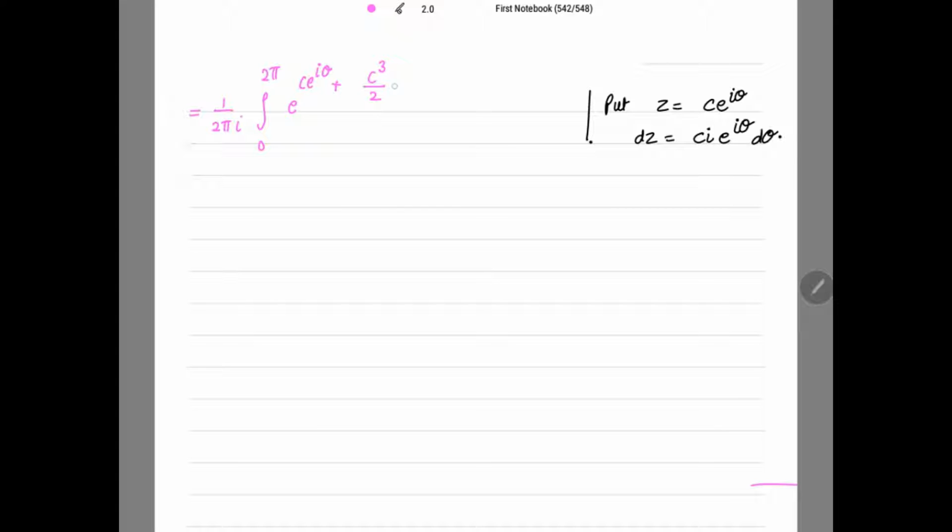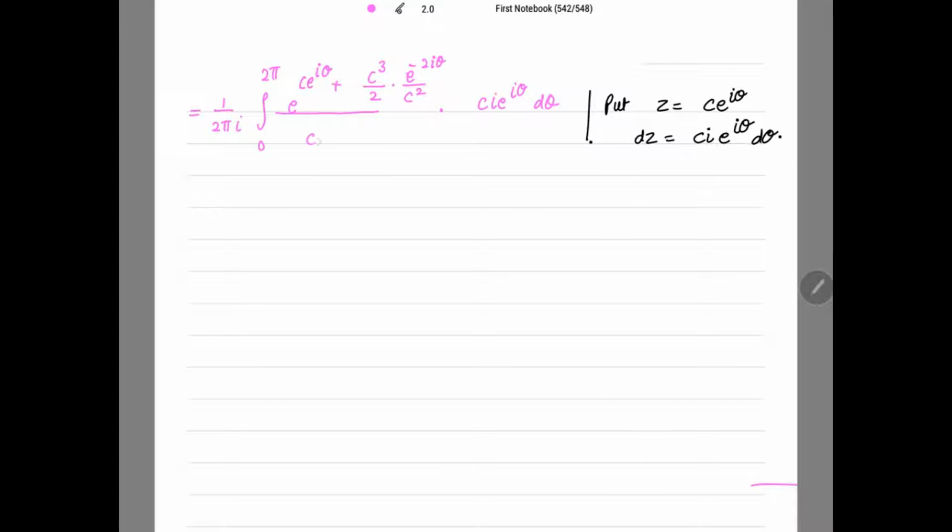So z square in the numerator will be e to the power minus 2 iota theta over c square, and dz will be c iota e to the power iota theta d theta over z to the power n plus 1.